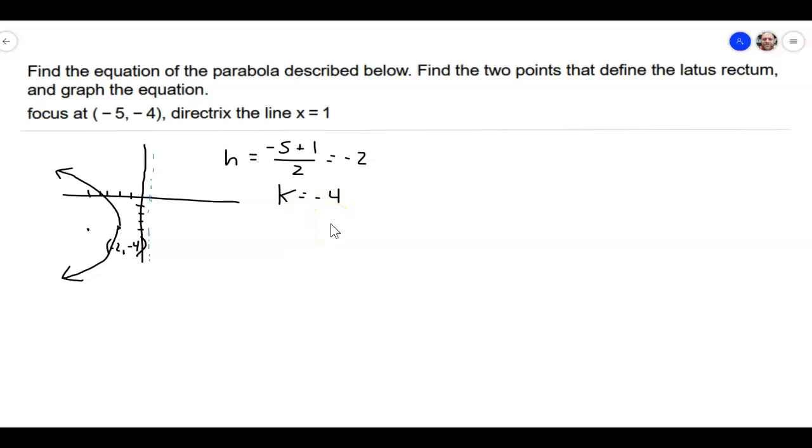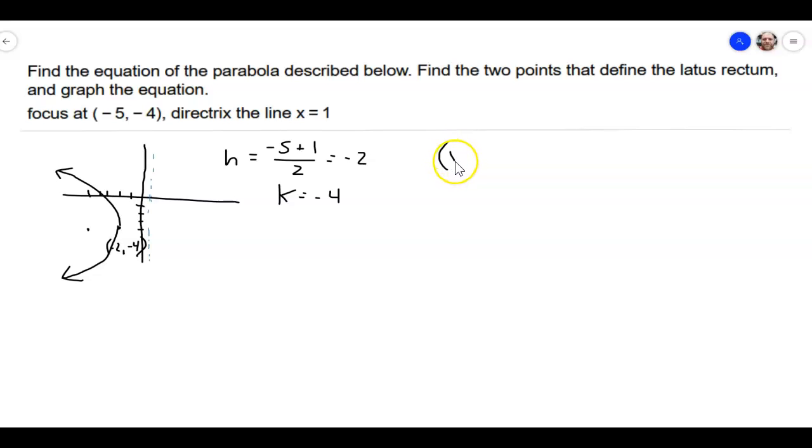And it gives me the 4 different types of equations depending on which way it opens, when the vertex is not at the origin, which is the case here. There are some equations a couple of pages before where the vertex is at the origin, a little bit easier, but we're going to use the one where it is opening left and the vertex is not at the origin. So this is the equation here. You just look to the right, this opens left.